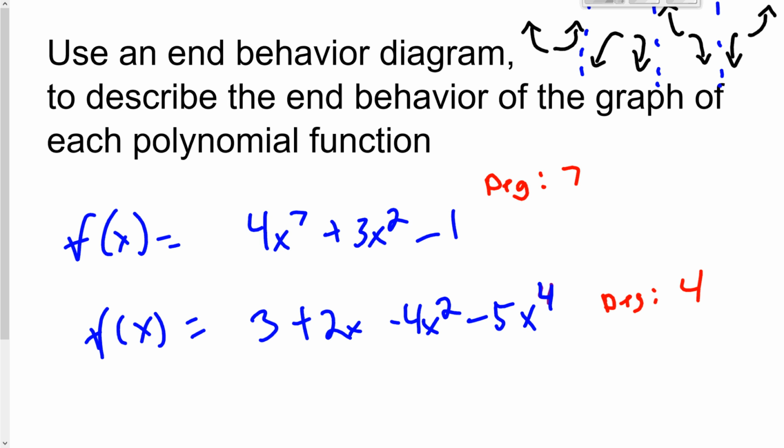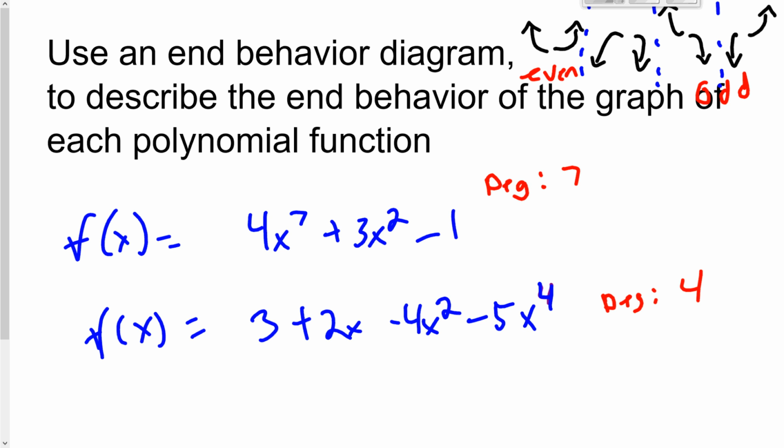When we're looking at odd degrees, there are two types. As we go left it goes up and to the right it goes down, or to the left it goes down and to the right it goes up. The even ones are these two types: they both face up, the left side facing up and the right side facing up, or the left side facing down and the right side facing down.